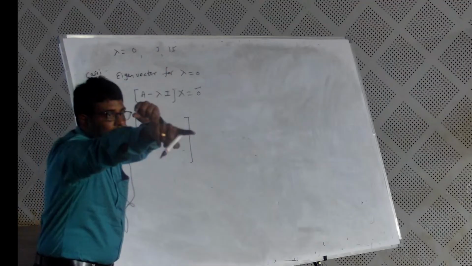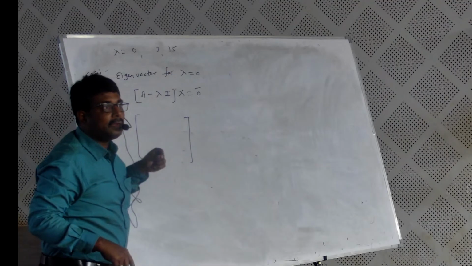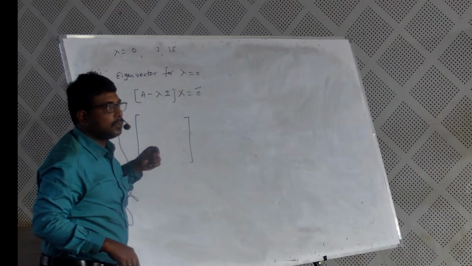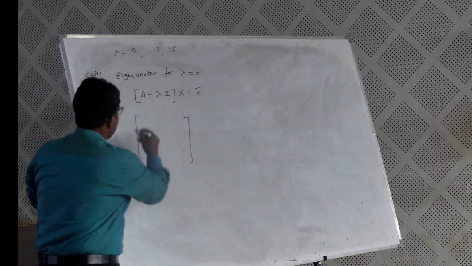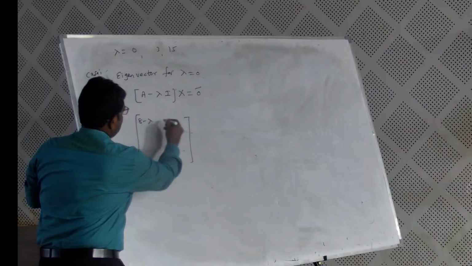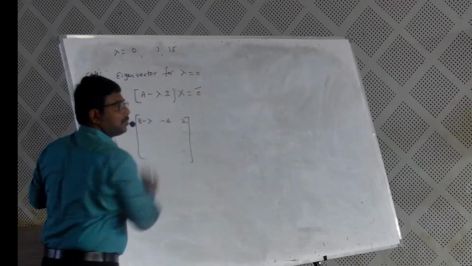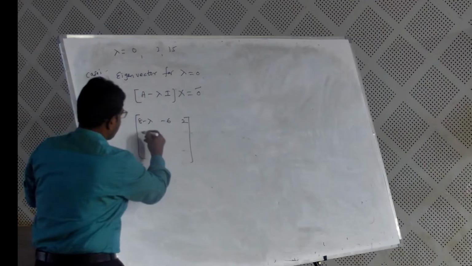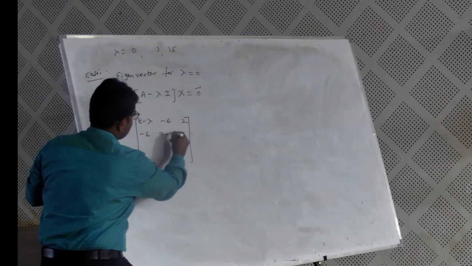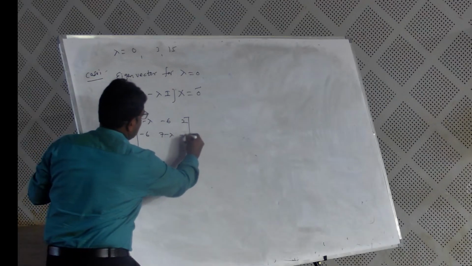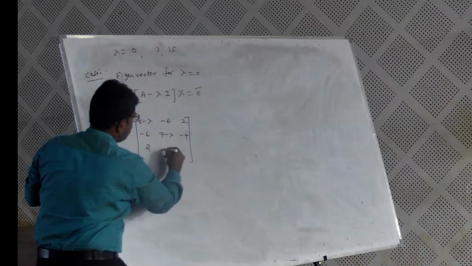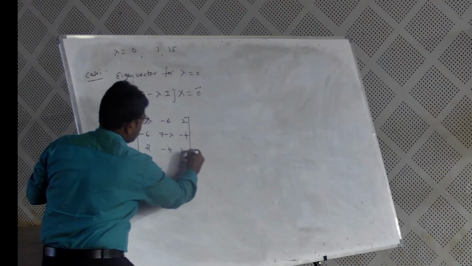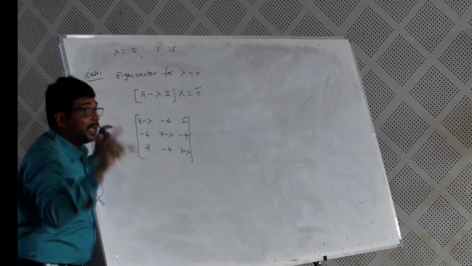Given the starting problem, the matrix entries are 8, 2. What is the first diagonal element? Minus 6, 2. Next, that's it. Where is the change?